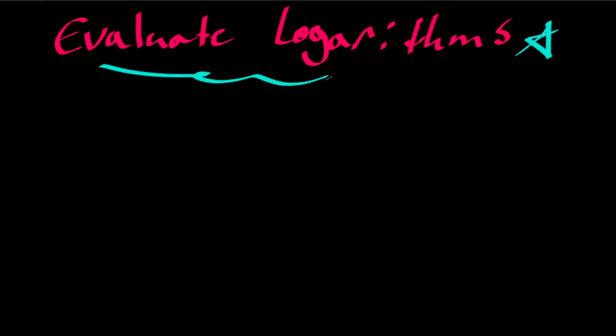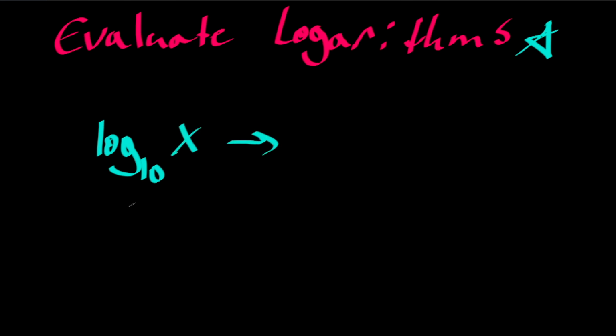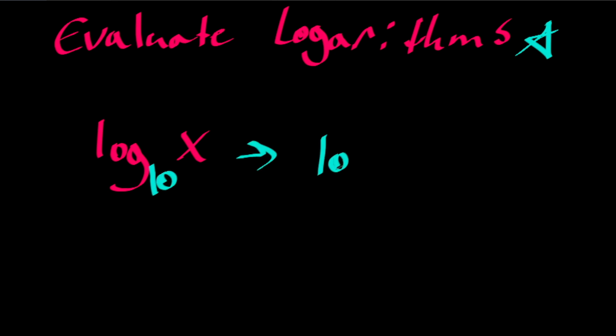Before we dive into all of this, let's first look at log base 10 of x and what that turns into. If I gave you the variable x, you would tell me there's a coefficient here that's understood to be 1. Now, if I just said log of x, there's an understood base there of 10. So if I give you log base 10 of x, we could just rewrite that as log of x.